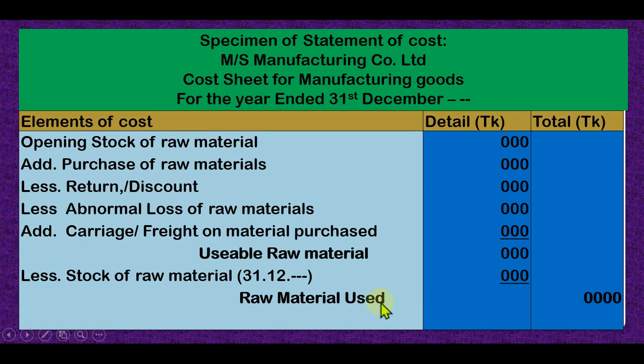Again I am telling you, dear student, for 2 marks it may come, find the amount of raw material used. So if you can learn this formula, you can do it easily. I hope all of you will write it nicely on paper so that later on you can see the formula and do the math easily.